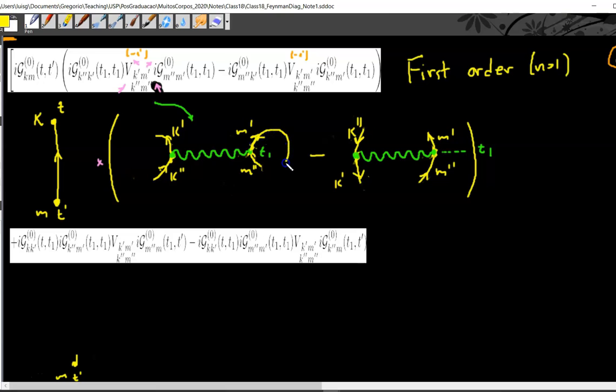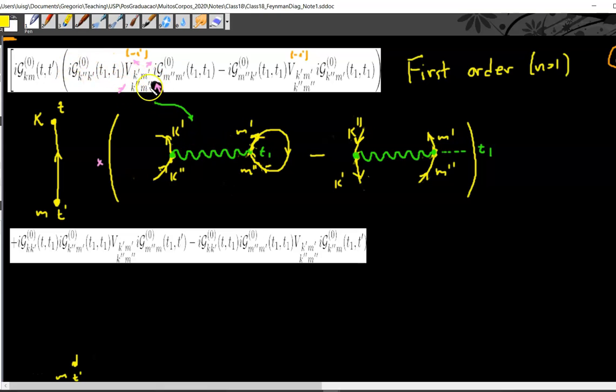I'm starting at m prime at t1, going all the way around and ending at m double prime with t1. It makes sense that this m prime and double prime are entry and exit lines into the wavy line, so this makes sense written as it is.